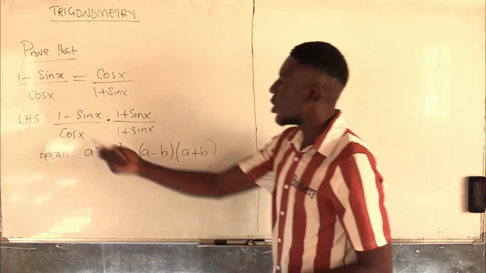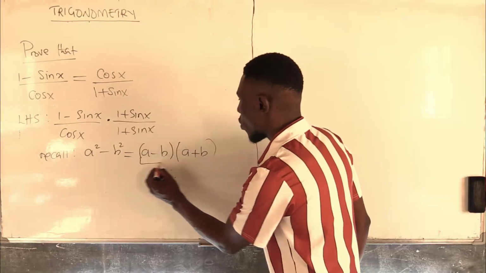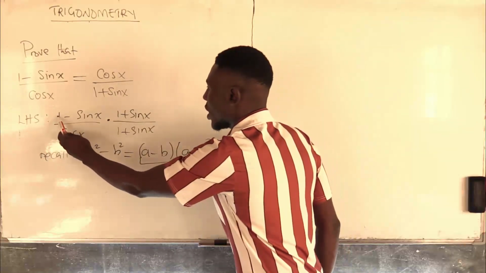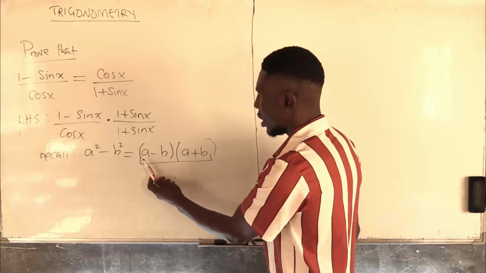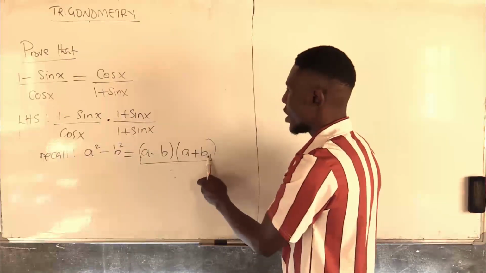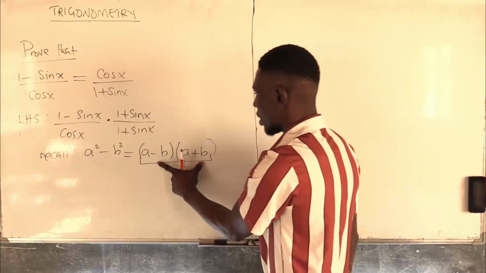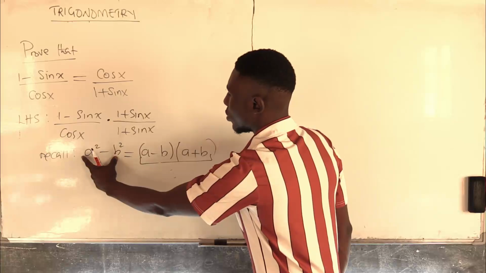And now if you look at what we have on the numerator, it is in this form. We're starting with 1 both sides. Here we have a, sin x, there are b, different signs. So since it is like this, we will transform it into this.